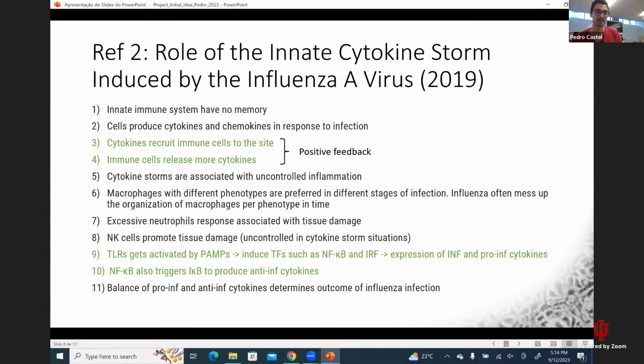They amplify the infection, but they also reduce the infection. And the balance at which they do both determines the outcome of the disease. So if you only produce pro-inflammatory cytokines, you get a lot of damage. And if you don't have enough, the infection will spread, and the other way around.